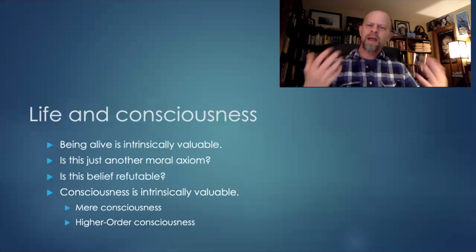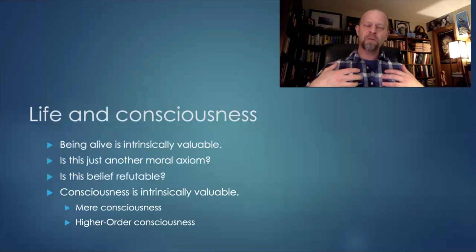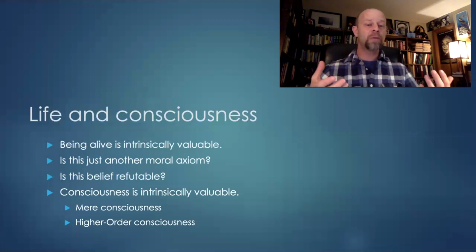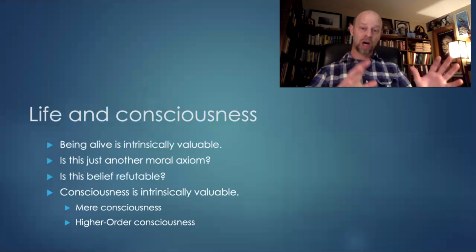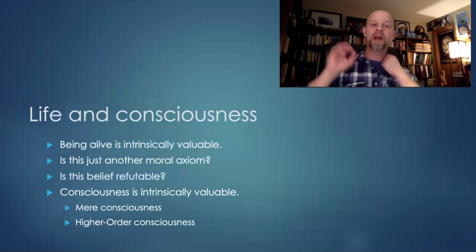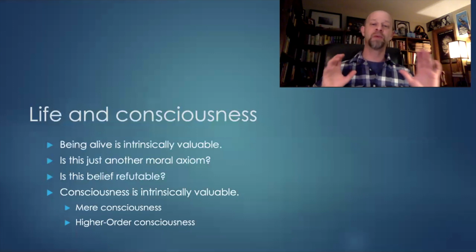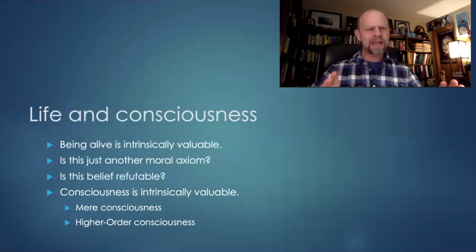There are different ways in which one could be conscious, and so presumably there are different forms of consciousness that we could claim are intrinsically valuable. So when we say that consciousness is intrinsically valuable, Glover thinks that we need to be more specific and talk about whether it's mere consciousness or some kind of higher order level of consciousness that we're trying to say is intrinsically valuable. Now, let me say something about what exactly is meant by mere consciousness versus higher order level of consciousness.